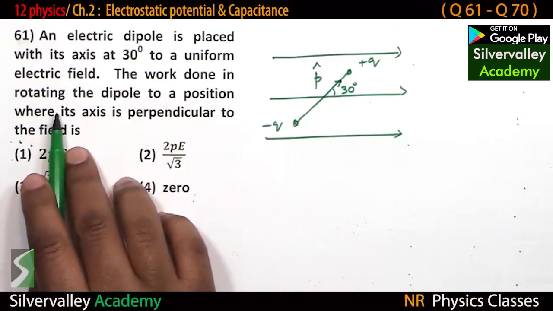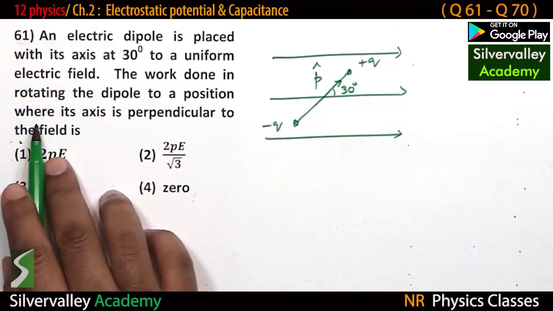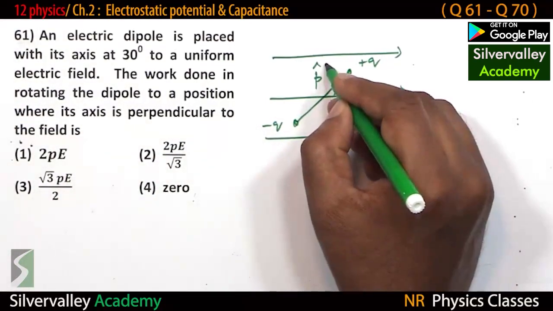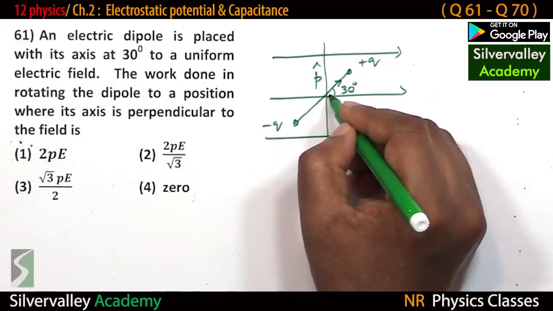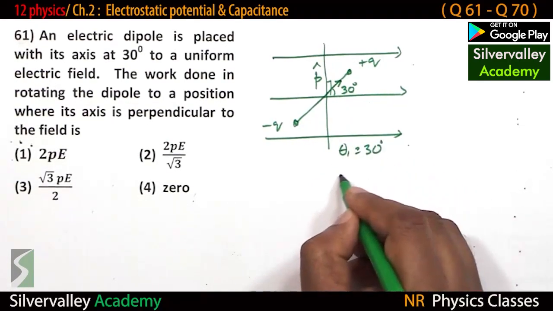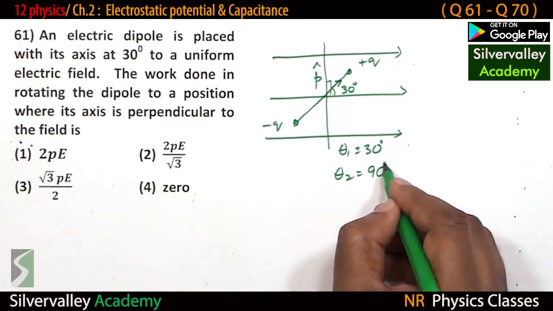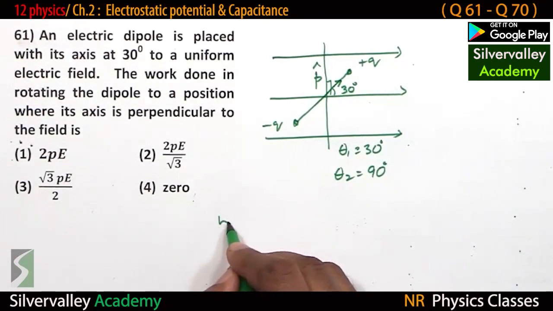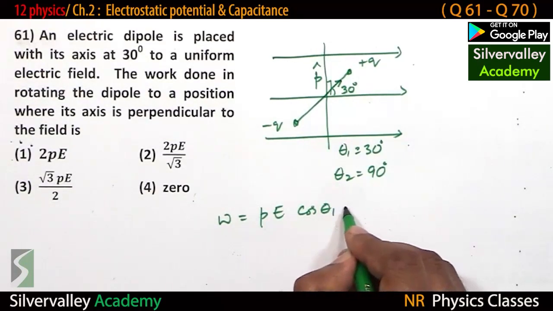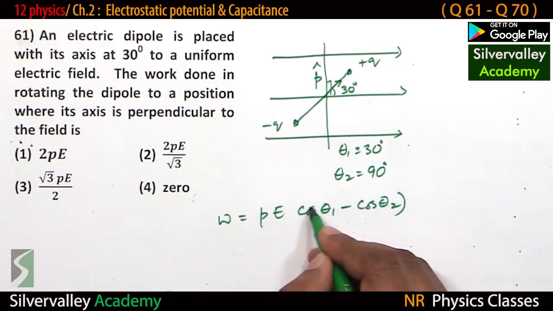The work done in rotating the dipole to a position where its axis is perpendicular to the field, from this position to this position. So theta 1 is 30 degrees as mentioned, theta 2 is 90 degrees. So work done equals PE (cos theta 1 minus cos theta 2).